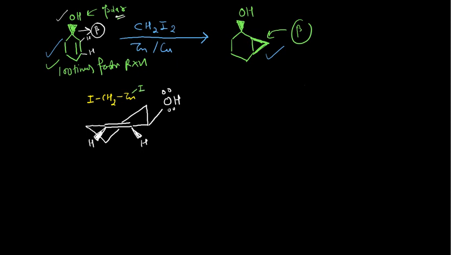So now what is the mechanism? You see, this bond will attack here, at the same time this I will go back to this zinc, and that electron will attack here. This is the real mechanism.